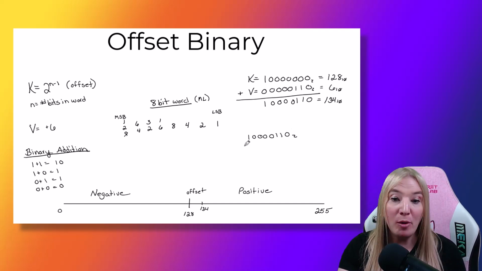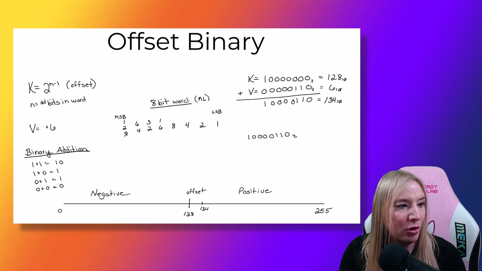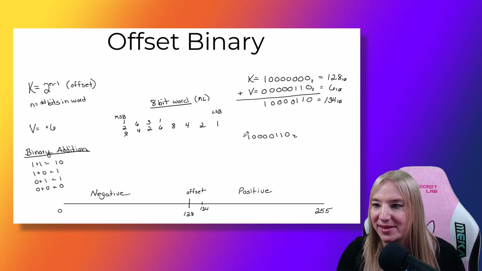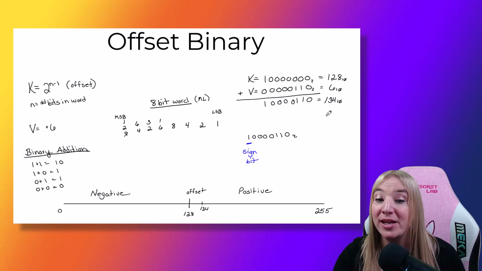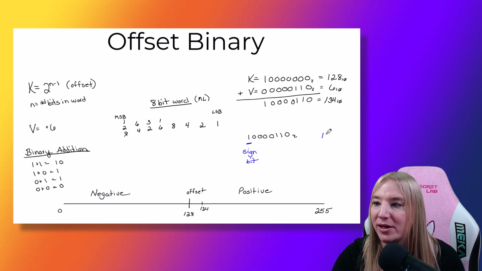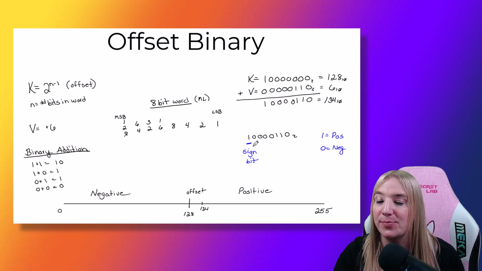Well, all the way at this side here, this is what we call a sign bit. In offset binary, a 1 equals positive numbers, and a 0 equals negative numbers. So in this case, that tells me this is a positive value.